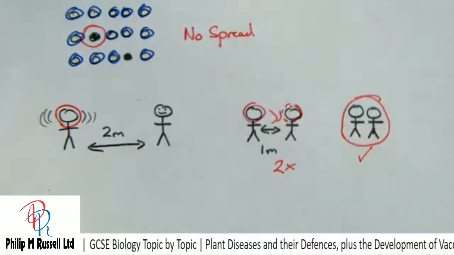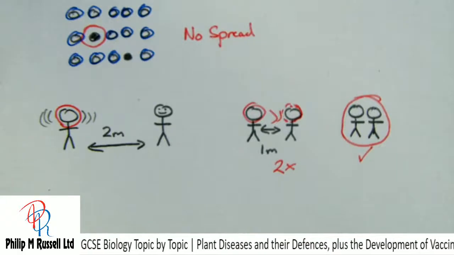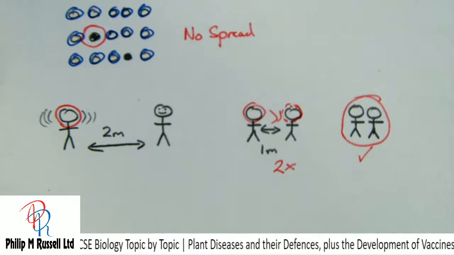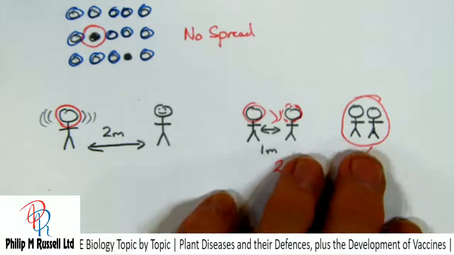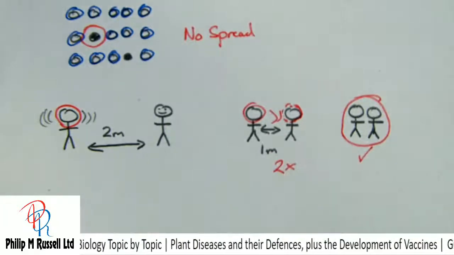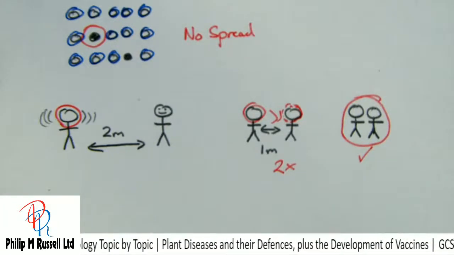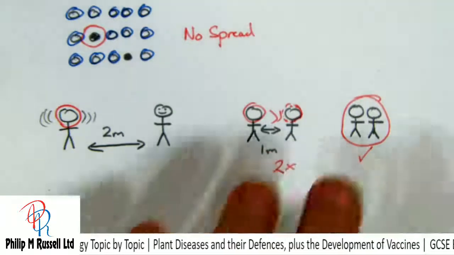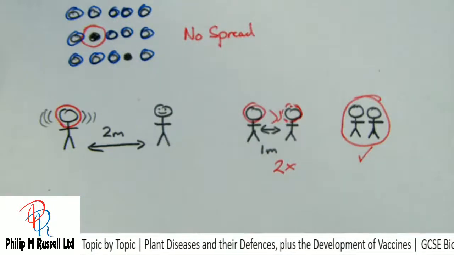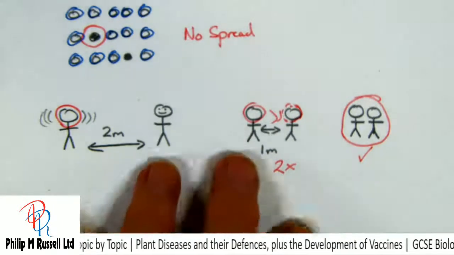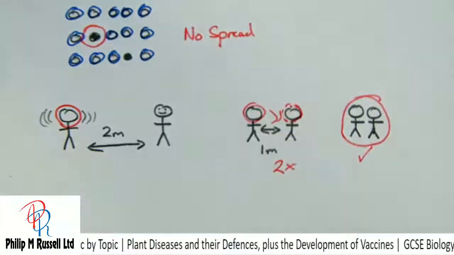But that's how this virus spread in the first place. This virus spread by close proximity. This virus spread by contact. So we have a problem.